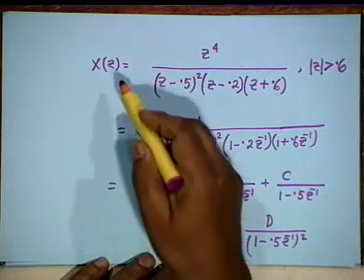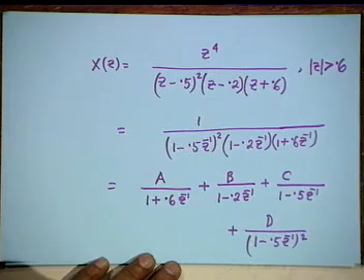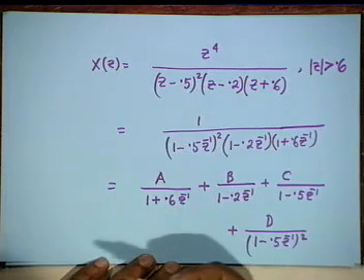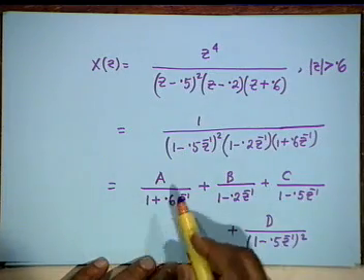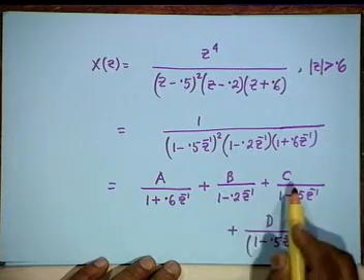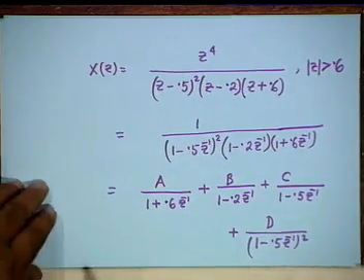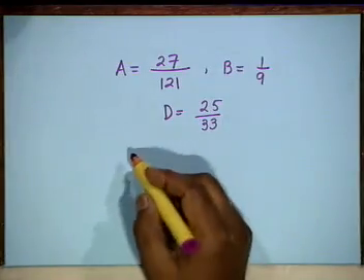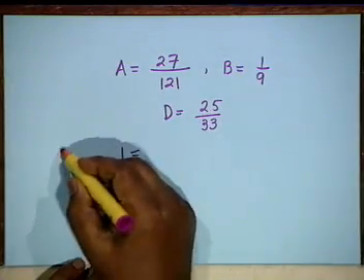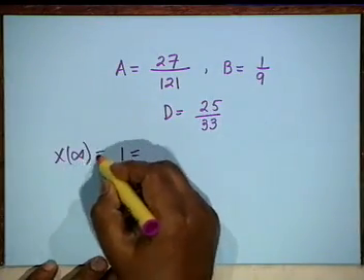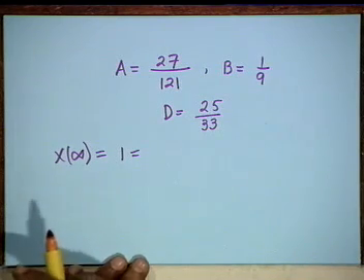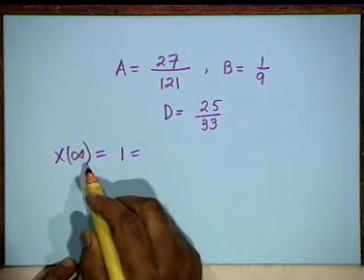What would be capital X of z at infinity? From the given expression it is 1. Therefore 1 would be equal to A plus B plus C plus D. You see, it is as simple as that. You do not have to differentiate. Okay. So I get 1 equal to capital X of infinity. Please be careful, the argument is not z inverse, it is z.